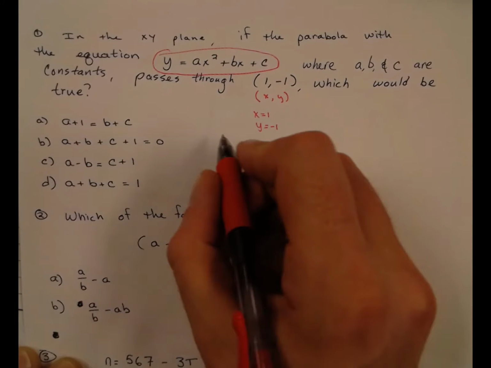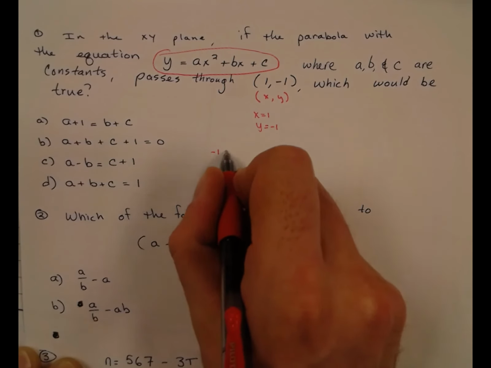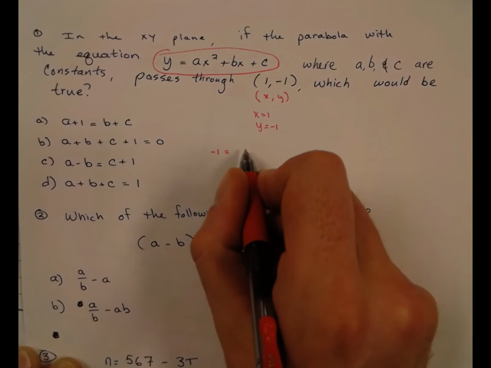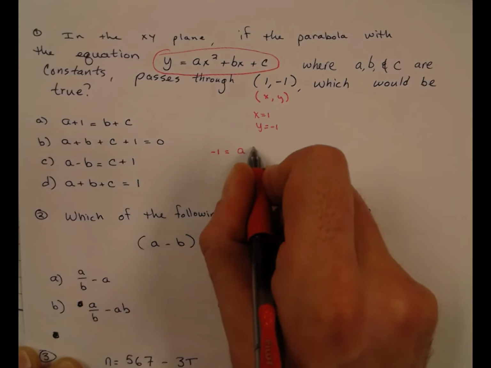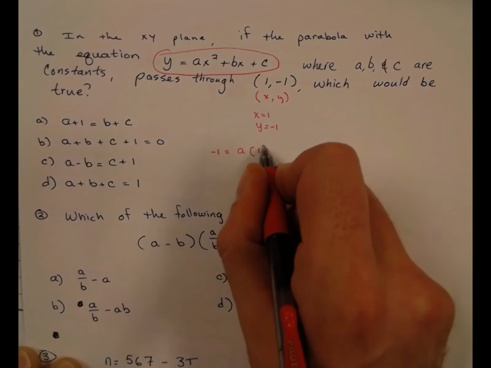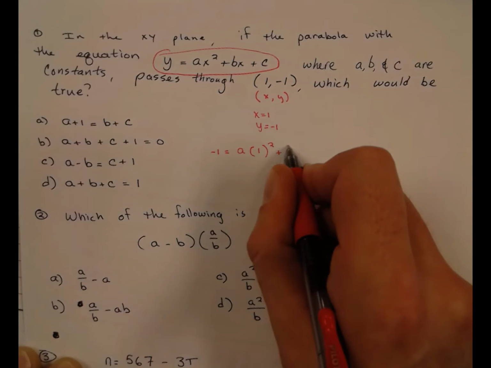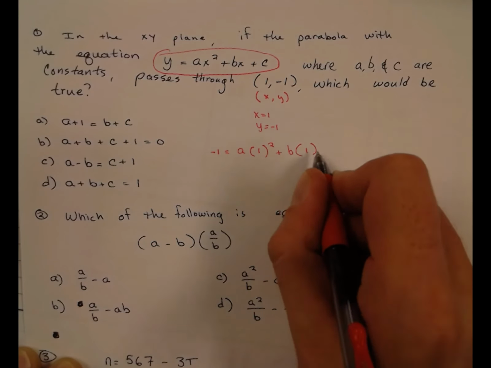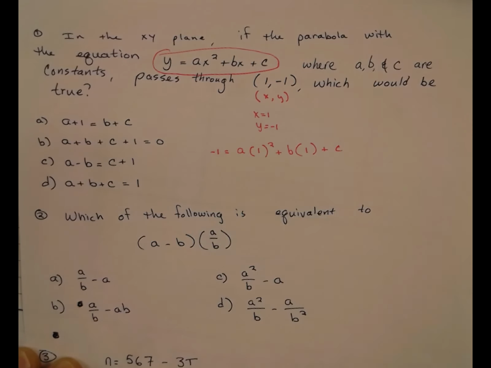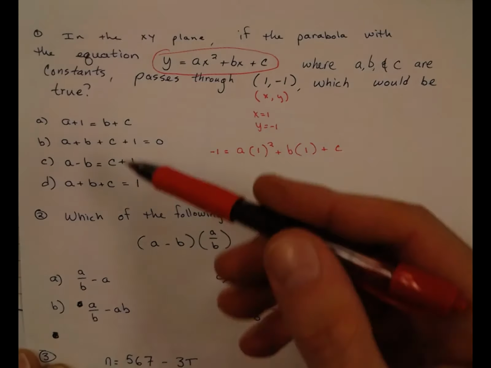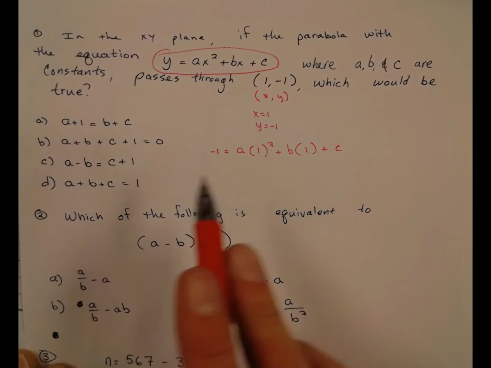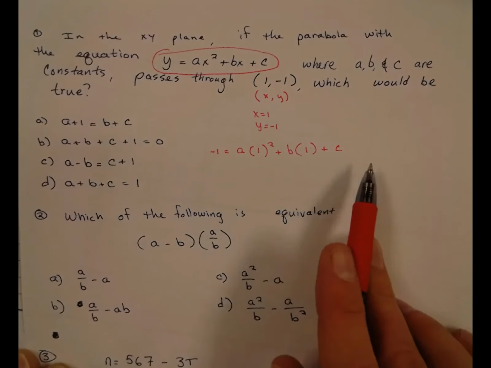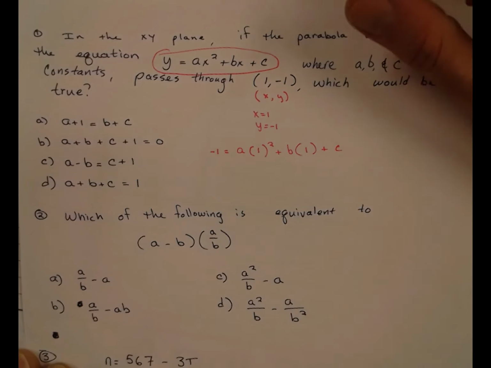So y is negative 1 equals a times x, which will be positive 1 squared, plus b times x, once again positive 1, plus c. And then simplify down and just look to the list which one of these, after we simplify it down, can algebraically match up to one of those.